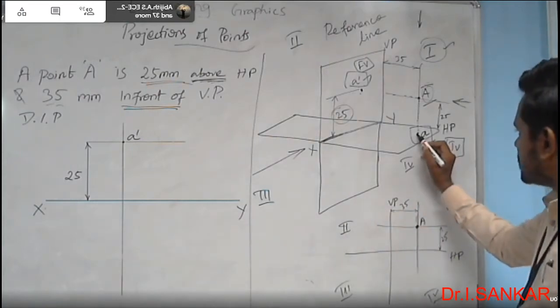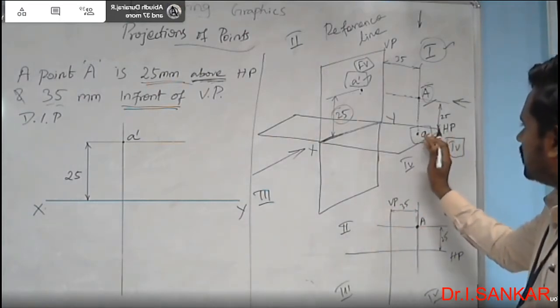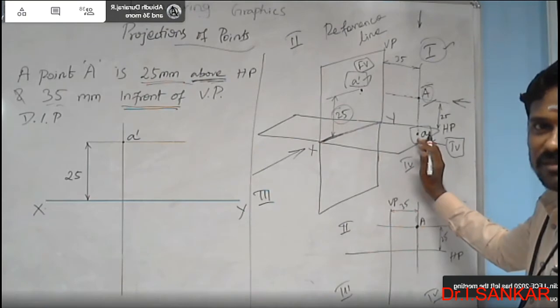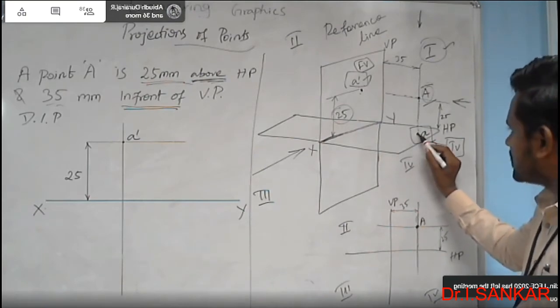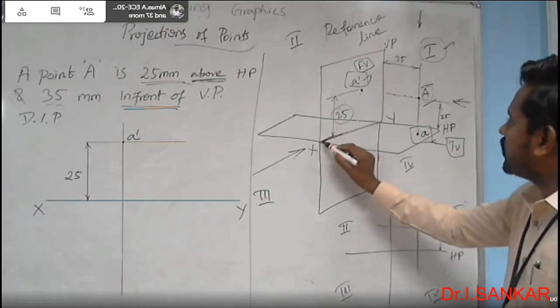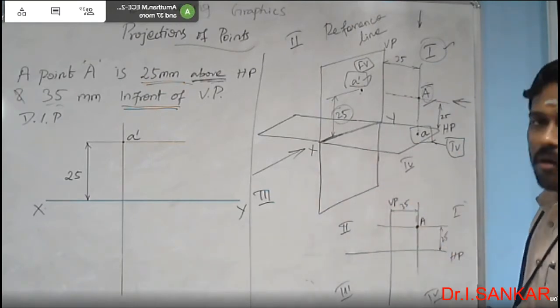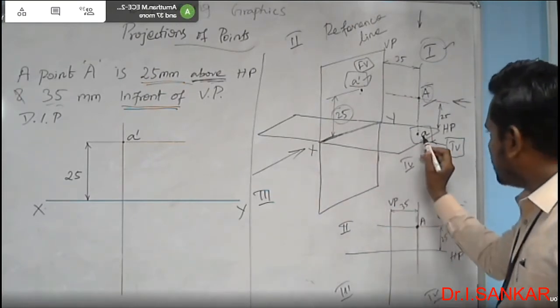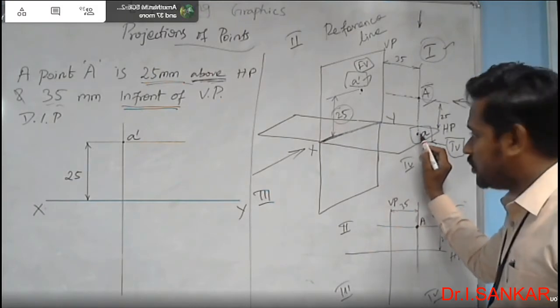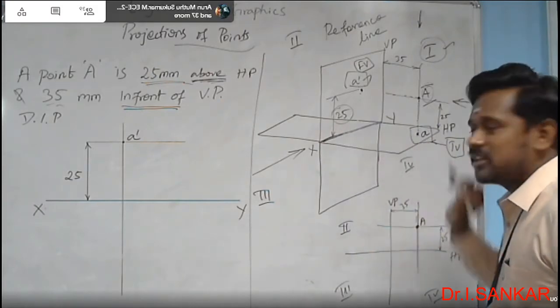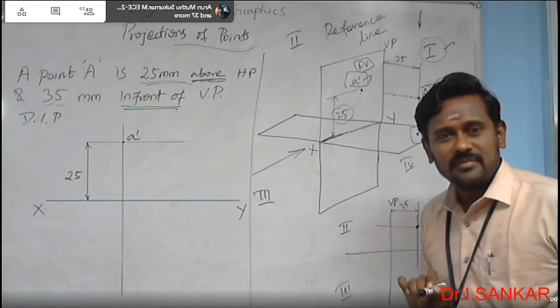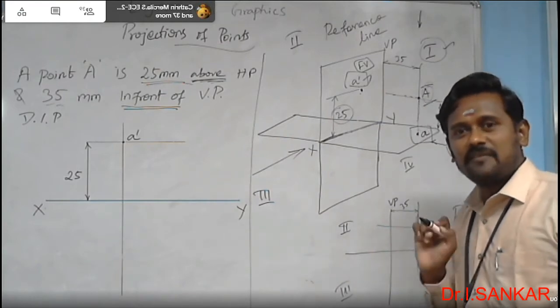Top view A is here, just dropped in the HP, the horizontal plane. The A is here and the XY line is there. The relation is that the top view A is in front of the XY line, right or not? It is in front of the XY line.